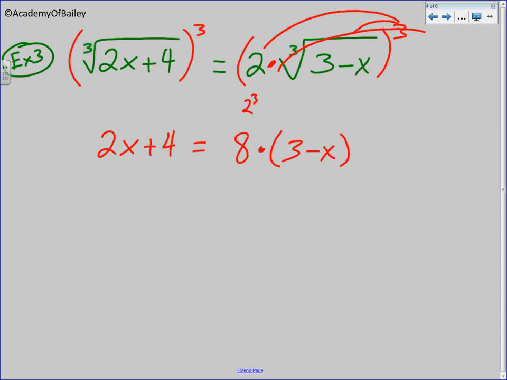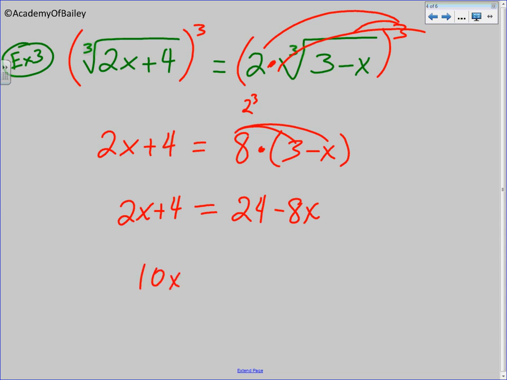And so from there, it's just basically solving out your algebra problem. 24 minus 8x after you distribute 8 to everything inside. And then let's just go ahead and solve. Add 8x to both sides, giving us 10x. Subtract 4 from both sides, giving us 20. And we know x is then equal to 2. And so from there, that's it. You plug your solution back in and check it.